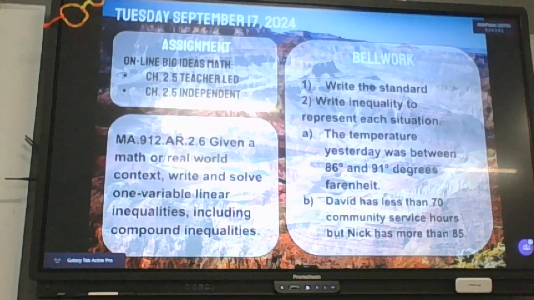This one has a closed dot, and the temperature is higher than 86. A closed dot, the temperature is lower than 91. This one meets in the middle. And this one goes opposite. So your new section today, chapter 2.5, the arrows will either meet in the middle or they'll go opposite. And there'll be some really weird ones to kind of go further than that.